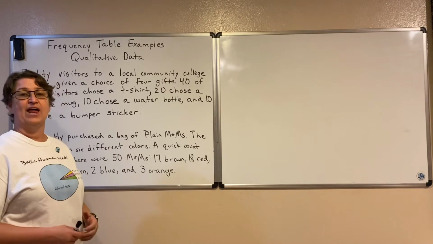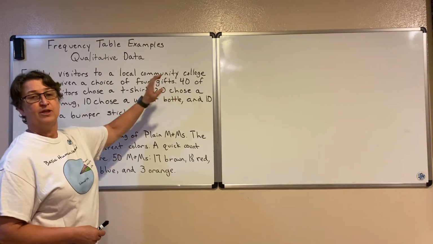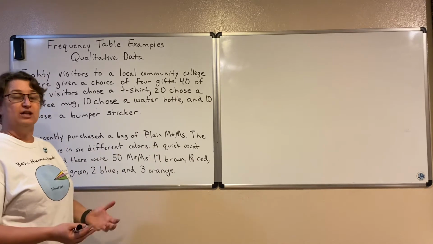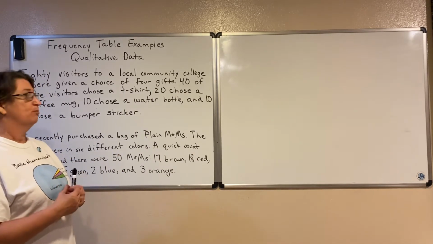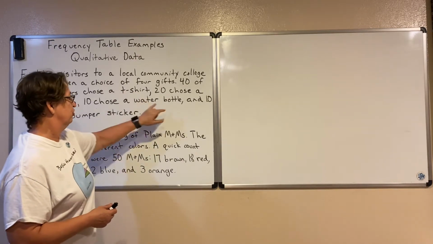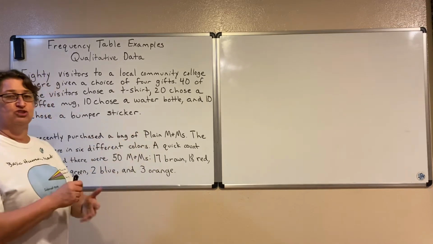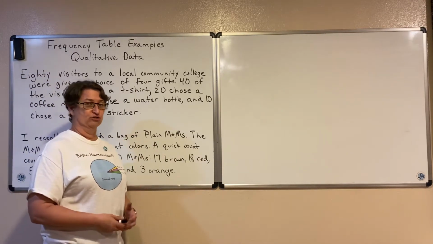So notice that our variable here is the gift, and so that is qualitative data. Each of those is just a category that we're placing it in. And they're choosing a t-shirt or a bottle or a sticker, so the data I'm writing down is words.